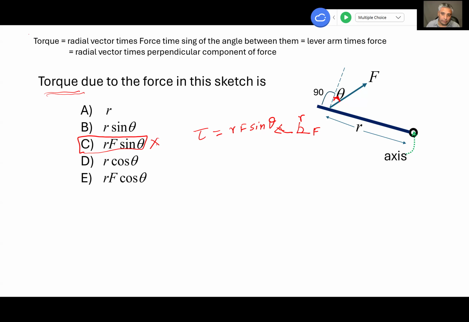Yes, that is the formula, but it is true only when the given angle is the angle between R and F. In this case, clearly you can see this is not the angle between R and F.